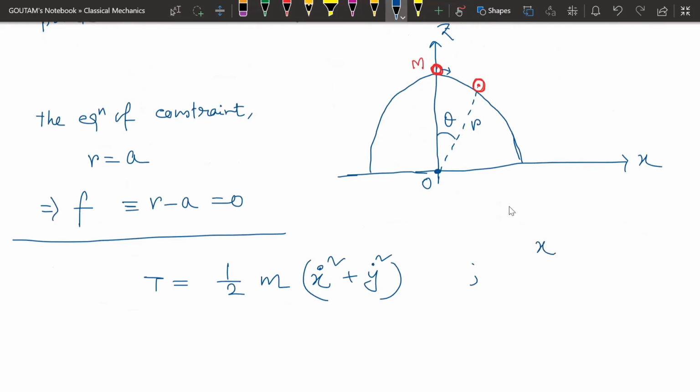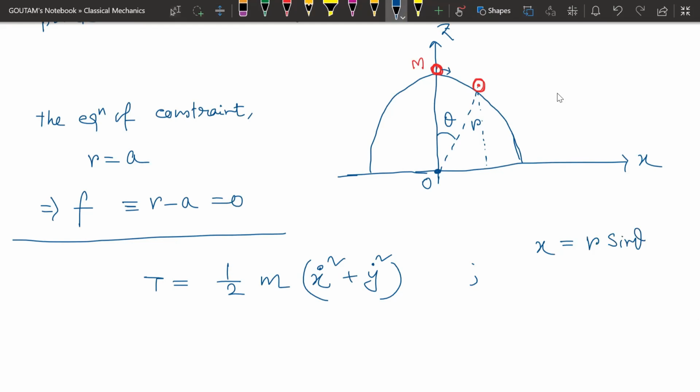Here x is the projection of this position vector of the particle, r, along the x-axis, which will be r sine theta, right?